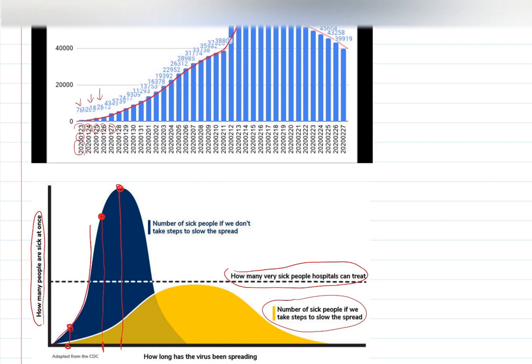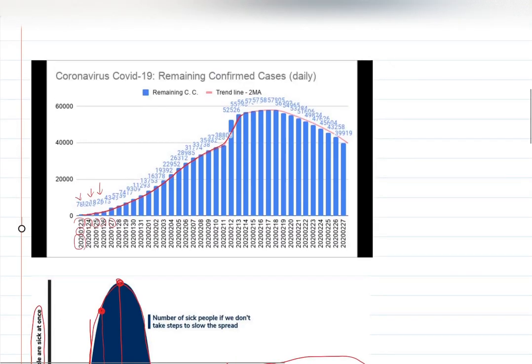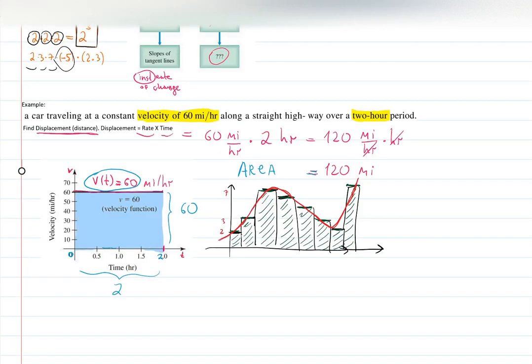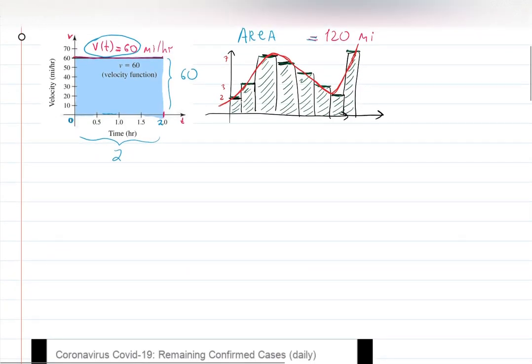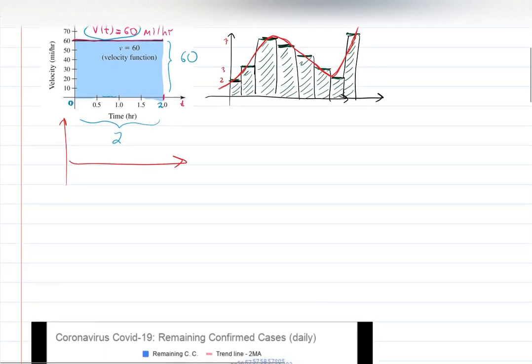Exponential growth. So, how to find, or I will say it this way, what will the area below this graph in blue tell me, if I find the area below? Just like we had this rectangle for the velocity. That gave me distance, because we had time on the x-axis and velocity on the y-axis, so the area gave me distance.